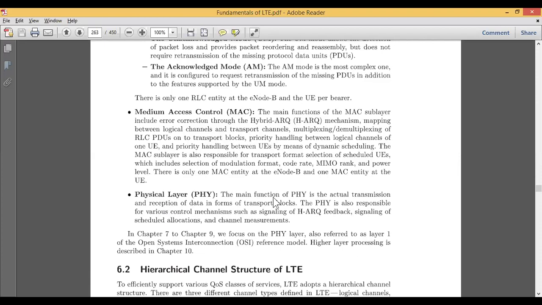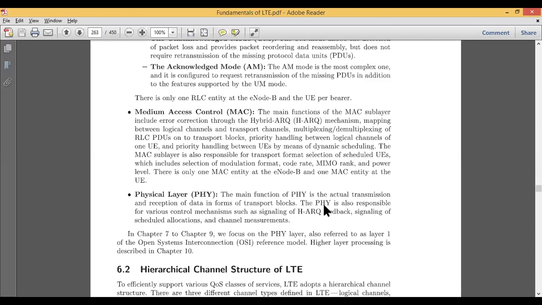Okay, and the last layer in the radio interface protocol is the physical layer. The function of the physical layer is the actual transmission and reception of data, the same thing we studied in the IP datagram, right? Physical means it just connects one physical layer to another physical layer at some other connection point. That physical layer is responsible for your data reception and data transmission, in the form of different blocks, packets, and in terms of bits and bytes.